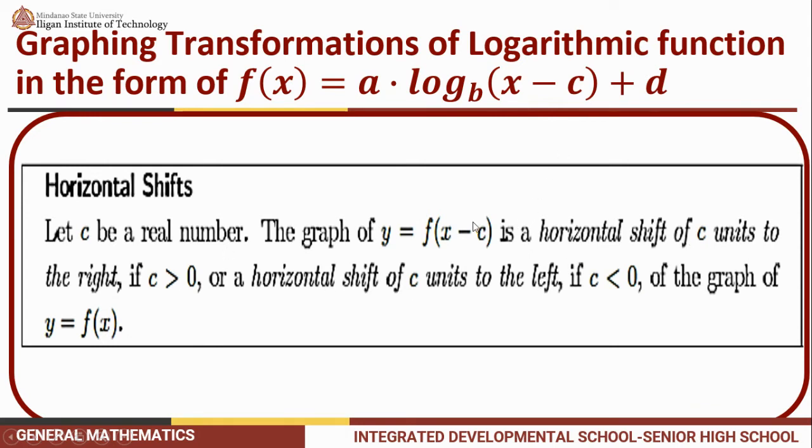But if our C here is plus C, you have x plus C. So our C here is less than 0. So you have here a translation of C units. There will be a horizontal shift of C units to the left.